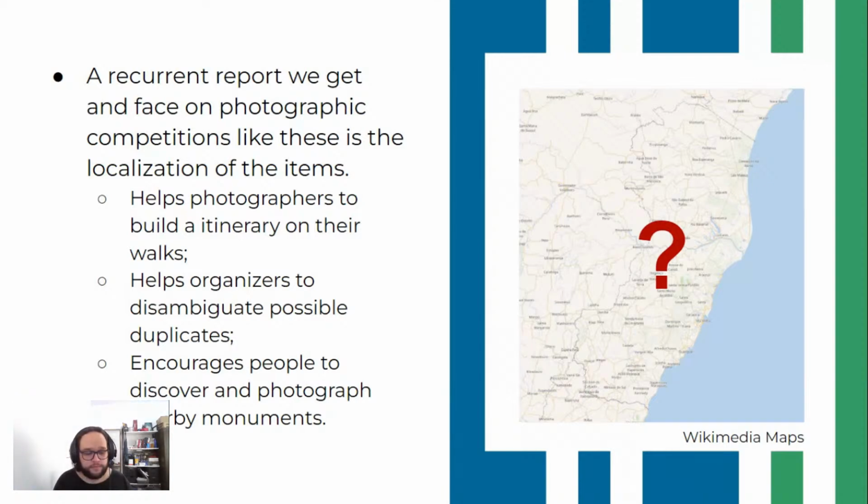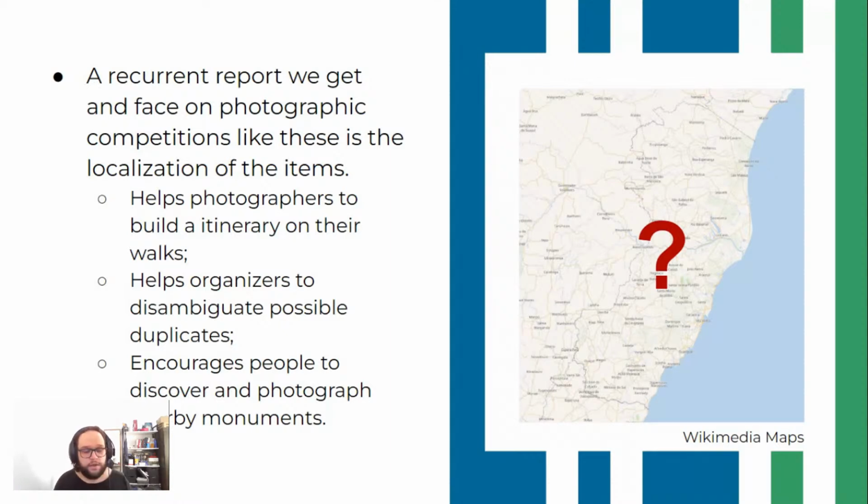It has the potential to help organizers disambiguate possible duplicates. If you have two monuments on the same spot on the map, are they two monuments that have the precision right or wrong? Or if they have the same name and the same coordinates, probably they are duplicates.